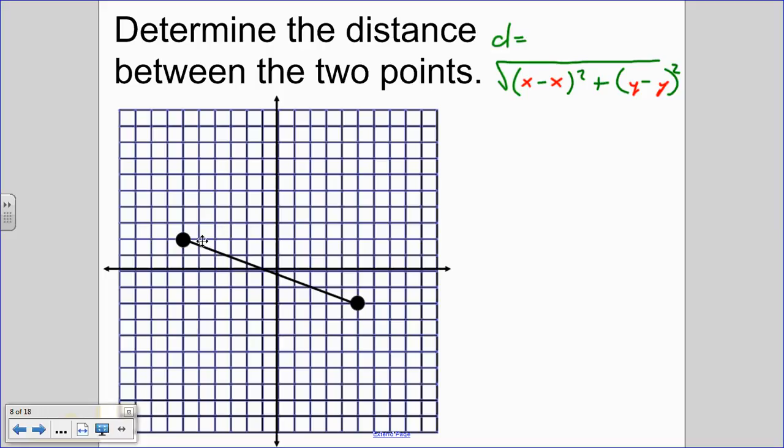So you need to identify the coordinates of each point. So this point is at negative 6, positive 2. This point is at 5, negative 2. 1, 2, 3, 4, 5. So you would find the distance by putting the two x's together and the two y's together, finding the difference between them.